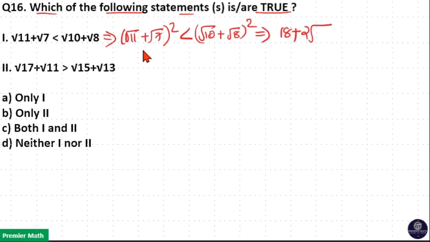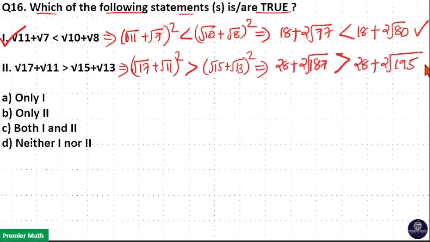So 2 root 11 into 7, that is 77, less than root 10 square plus root 8 square is equal to 10 plus 8, 18, plus 2 into root 10 into root 8. Root 10 into root 8 is root 80. So 2 root 80. Here 18 cancels. 18 minus 18, 0. Which means 2 root 77 less than 2 root 80. Which is true because root 80 is greater than root 77. So statement 1 is correct. Same way you can also do this.